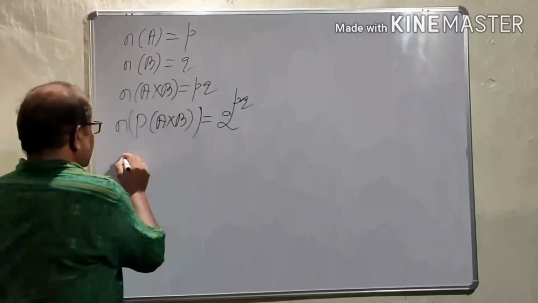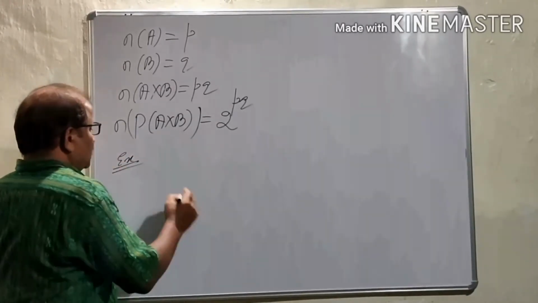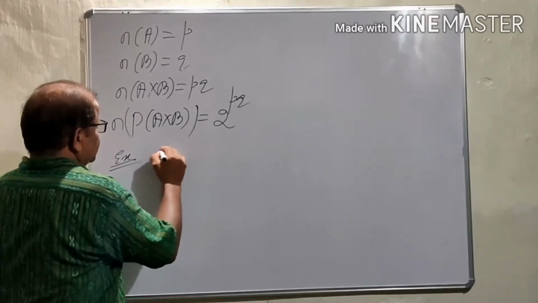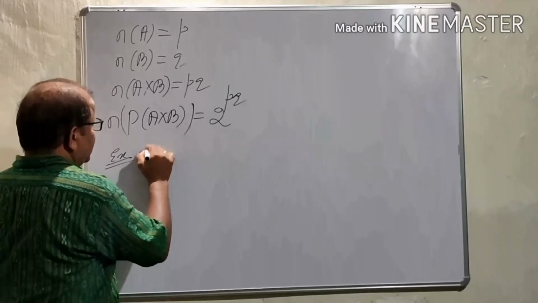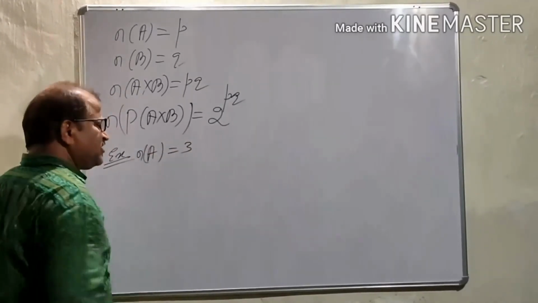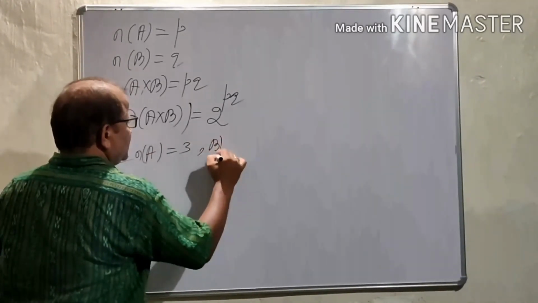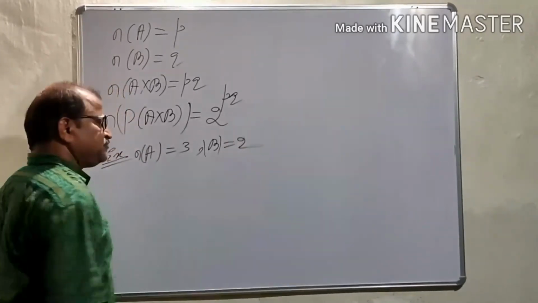Let's see how large it is. Suppose the cardinality of A is 3 and the cardinality of B is 2.